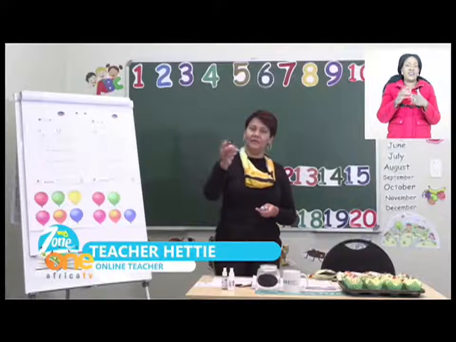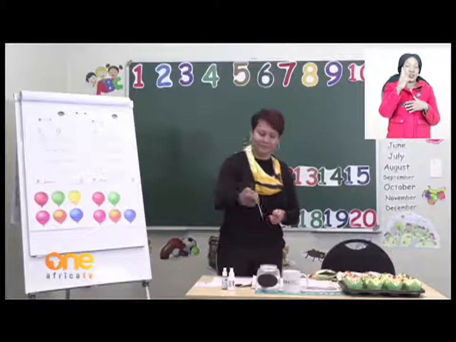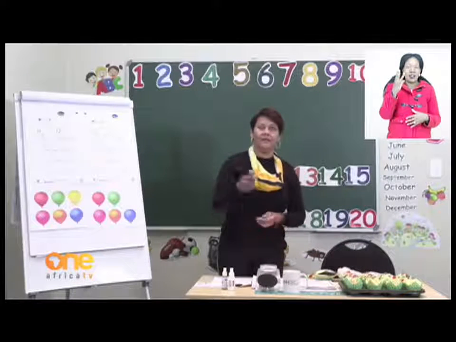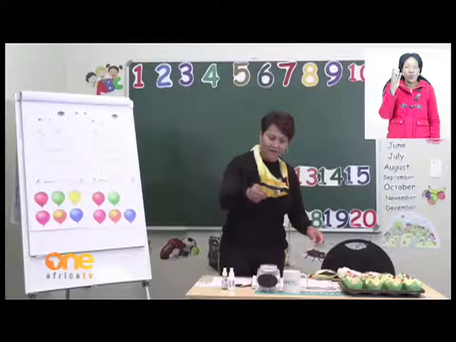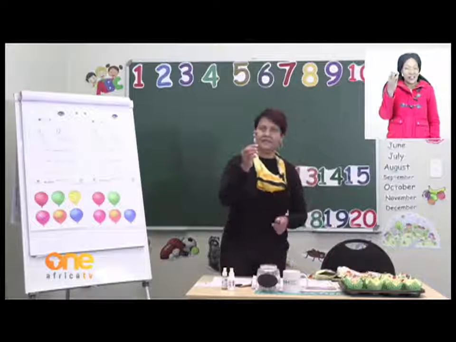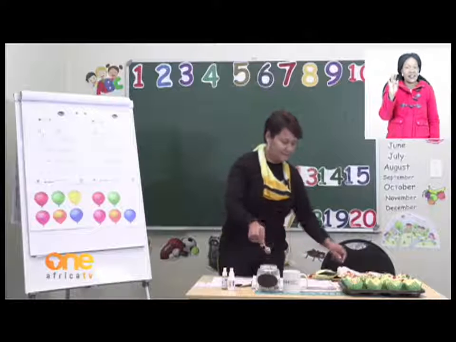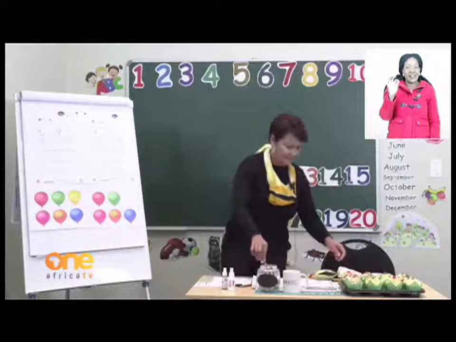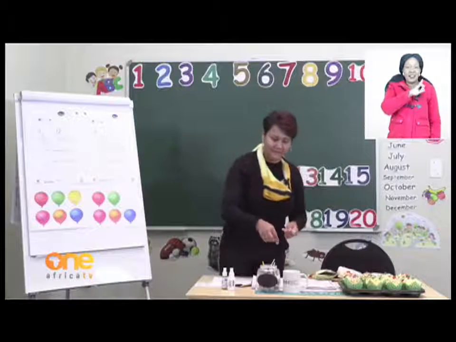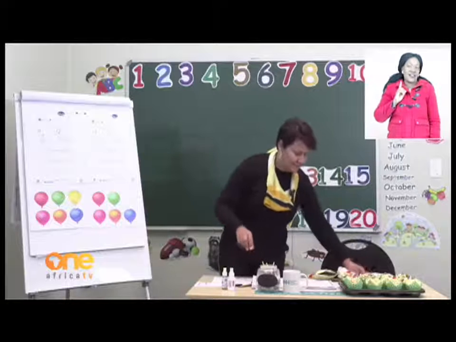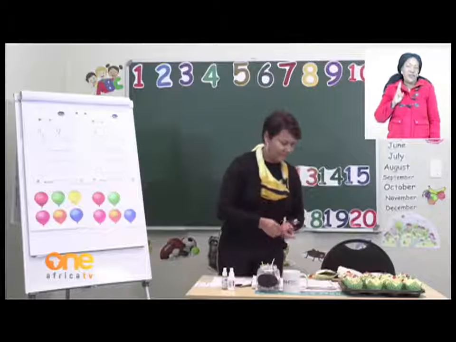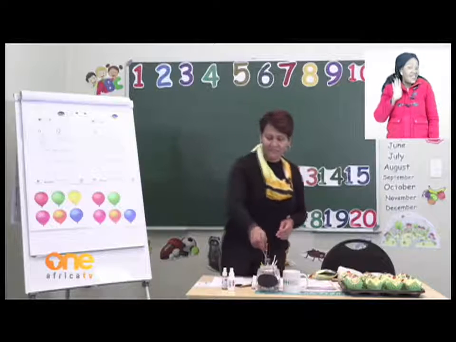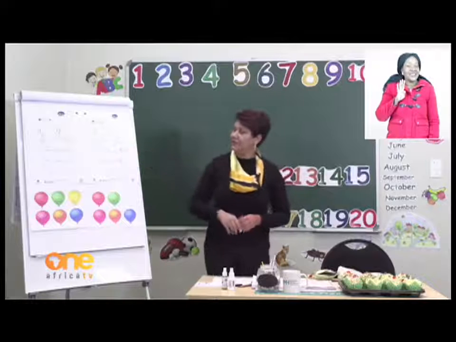Let's count. 1 lolly, 2, 3, 4, 5, 6, 7, 8, 9, 10, 11, 12, 13, and you guessed it right, the last one is 14. You have to fill in 14 lollipops.